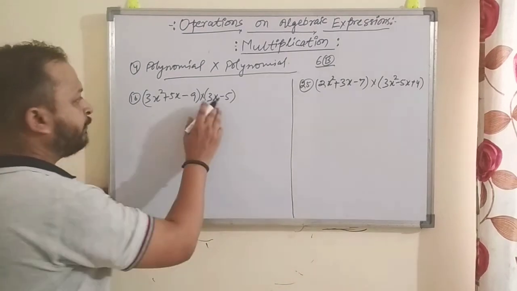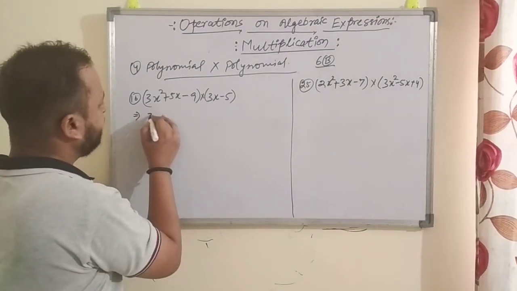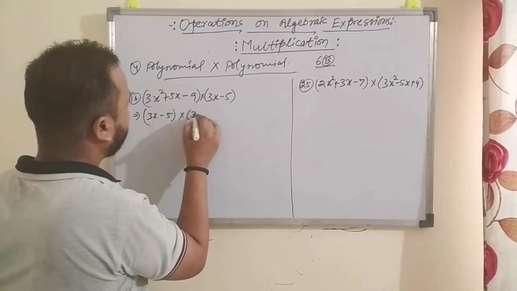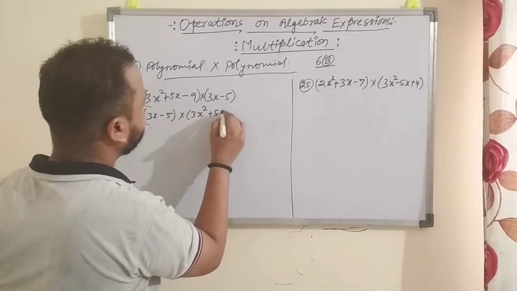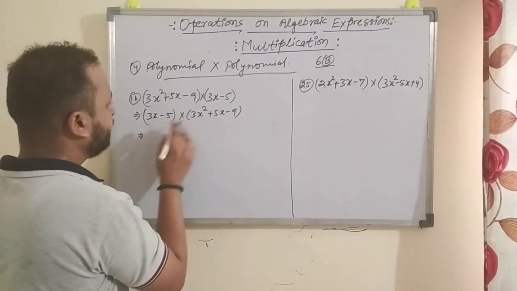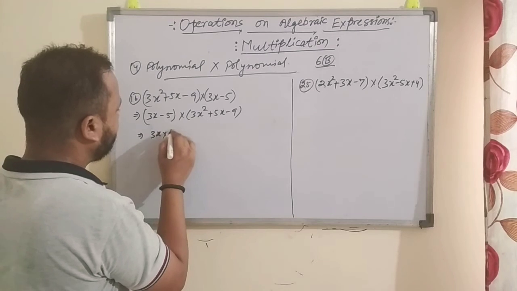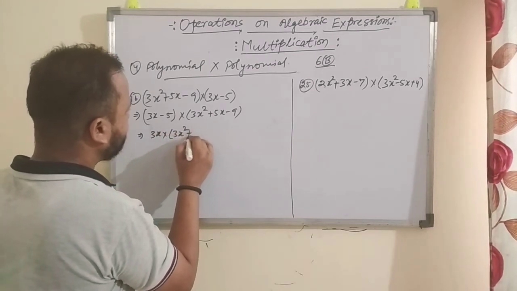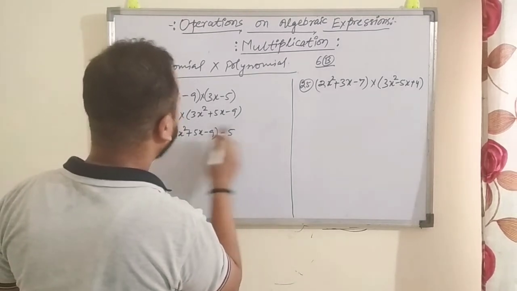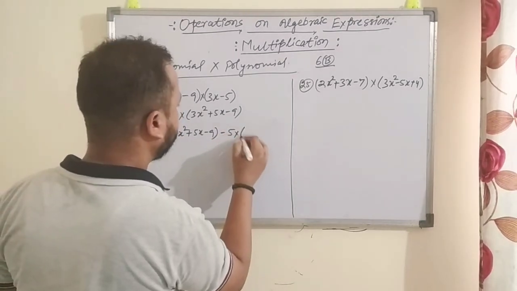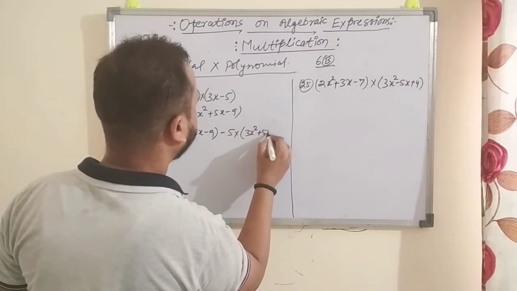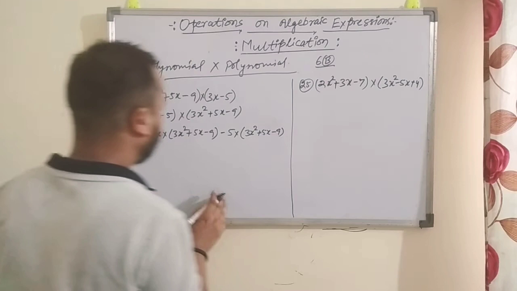For this you can also write it as 3x minus 5 multiplied with 3x square plus 5x minus 9. So just multiply it: 3x multiplied with 3x square plus 5x minus 9, and again put a minus sign here. Why? Because minus is there. So minus 5 multiplied with 3x square plus 5x minus 9, right?